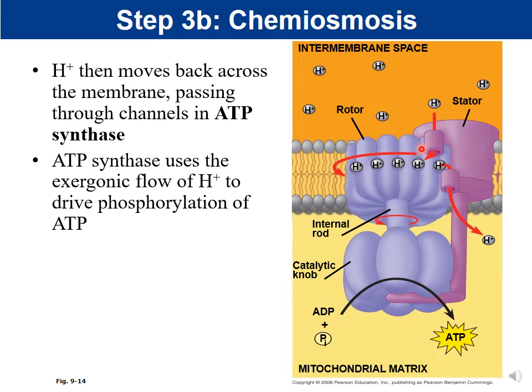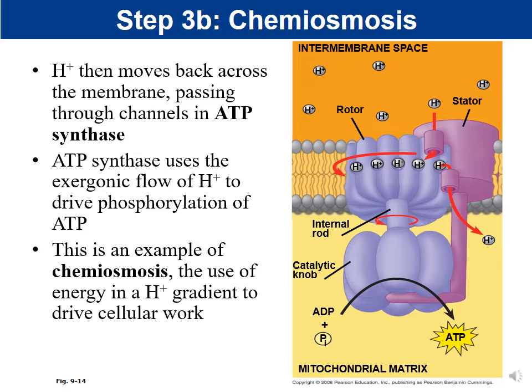So again, this shows us a coupled reaction. We have an exergonic reaction, the hydrogens flowing down the gradient, coupled to the endergonic reaction of forming ATP. This is just another example of a coupled reaction. You have to get energy from somewhere, and in this case, it's hydrogens going down the gradient that is providing the energy to make the ATP.